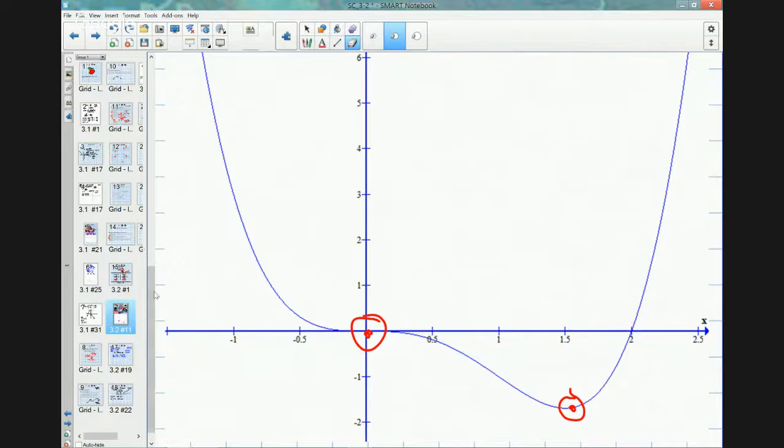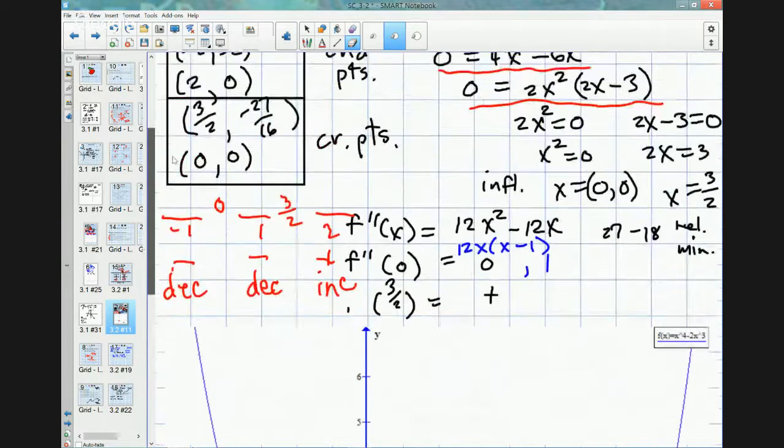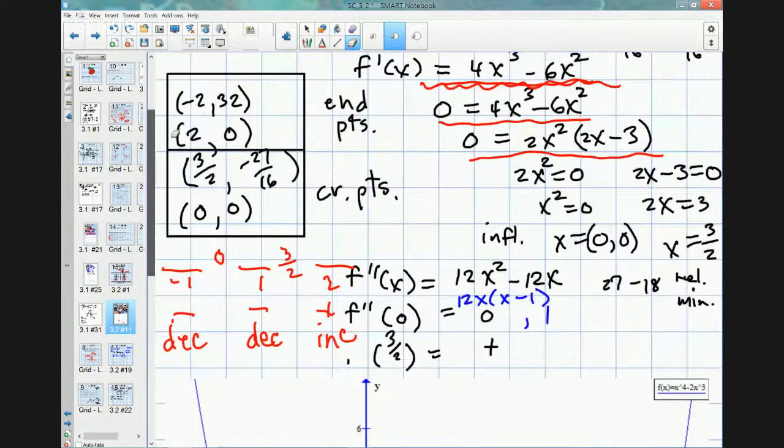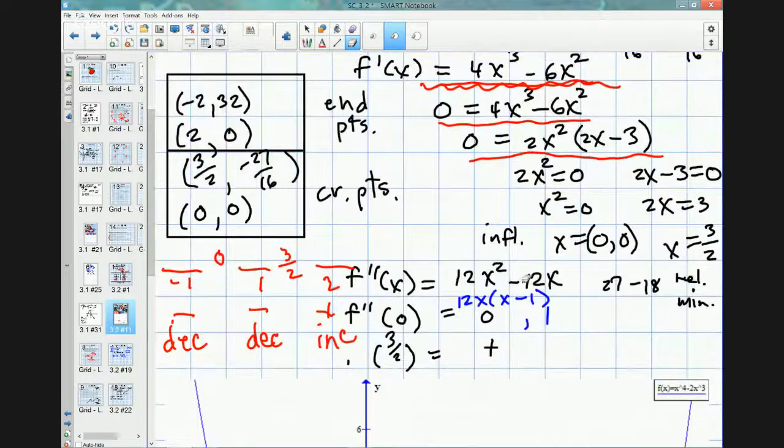So going back up to the problem, this 3/2 point right here is a relative minimum, and that's really the only thing we can take out of this, because all they wanted us to do was to find relative extrema. We found one. It's that one at 3/2.